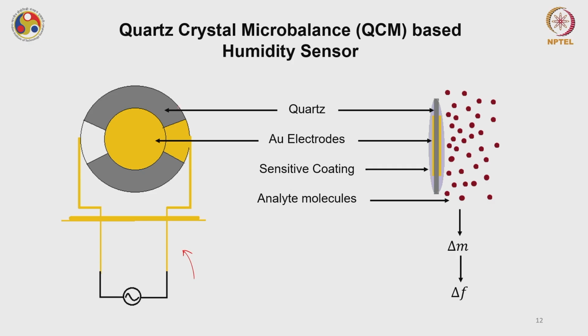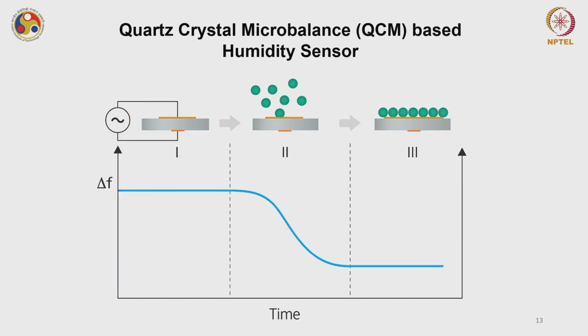This grayish part is quartz, this is the gold, okay, and this grayish part shows the sensitive coating, which means material which can absorb water molecules, okay, and these molecules are nothing but H2O molecules, okay, and this will cause a change in the mass, or del m, which will cause the change in the frequency, okay, and this frequency will be detected and can be calibrated to the accurate percent of RH, okay. So this is a typical operational diagram of a QCM, okay.